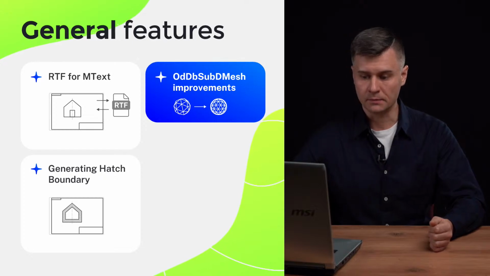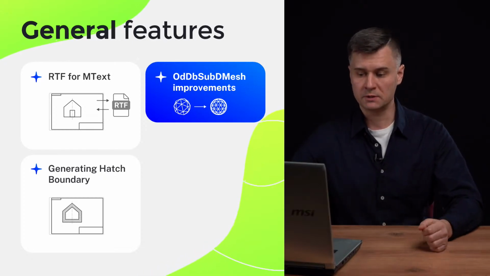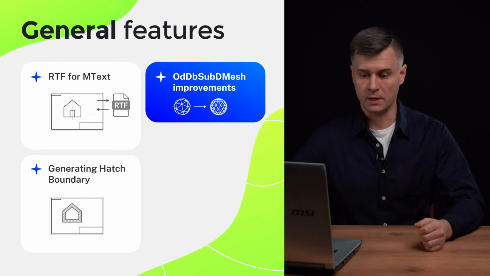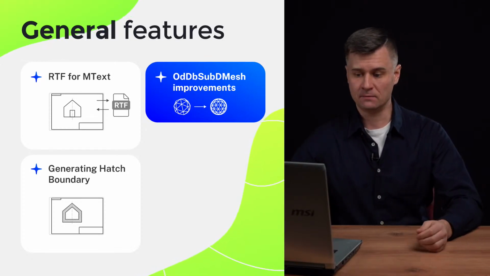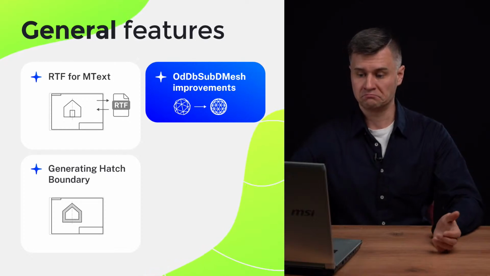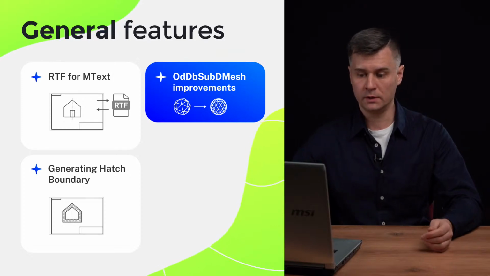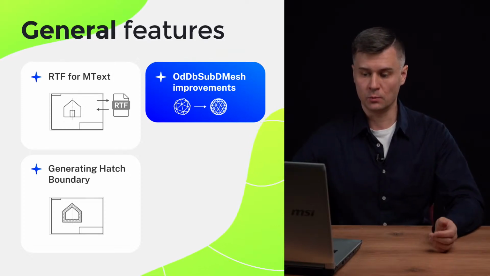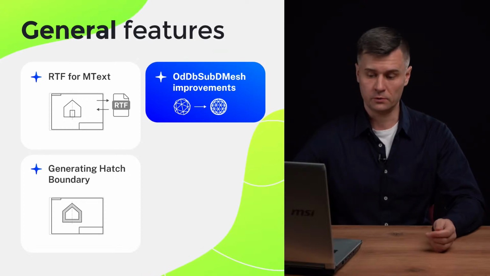The next item: solving data processing tasks. ODA members need to perform various conversions and optimizations, and Drawings SDK also provides several conversion and optimization algorithms for their use. For example, conversion of ODB SubDMesh to a smooth and optimized 3D solid or surface.